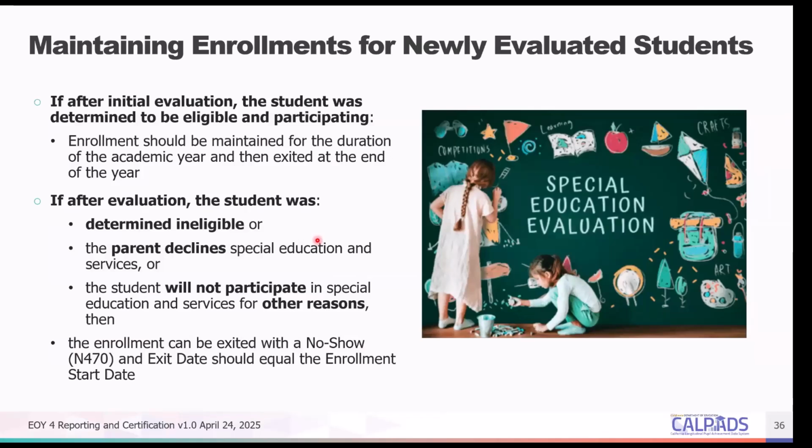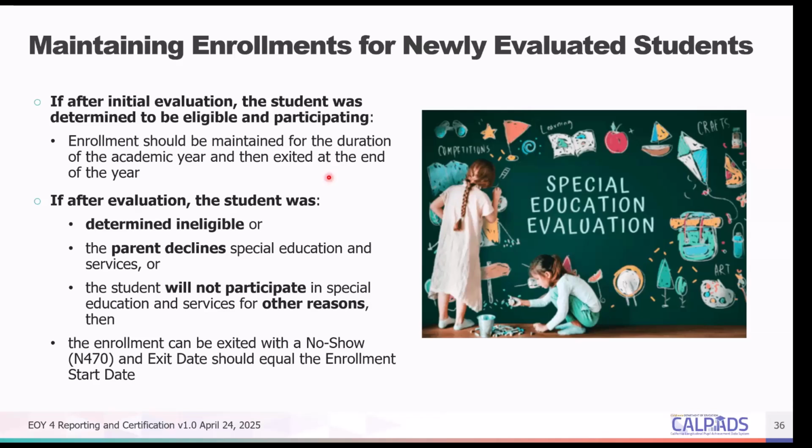Okay, so how to maintain enrollments for newly evaluated students. Let's say you've already generated the SSID and the student is now being assessed, right? If after initial evaluation the student was determined to be eligible and participating, then the enrollment should be maintained for the duration of the academic year and then exited at the end of the year.